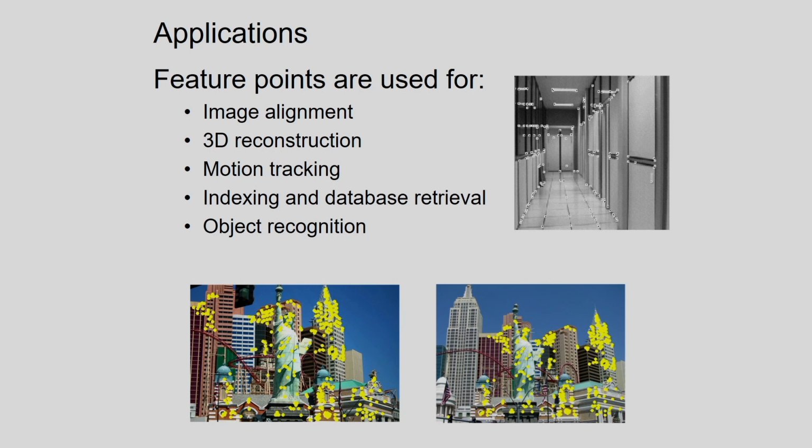And for indexing and database retrieval, that is content based image retrieval, I can use interest points. Finally, for object recognition I can extract image features, that means I can consider the interest points, and based on these interest points I can do the object recognition. So, these are some applications of the interest points.